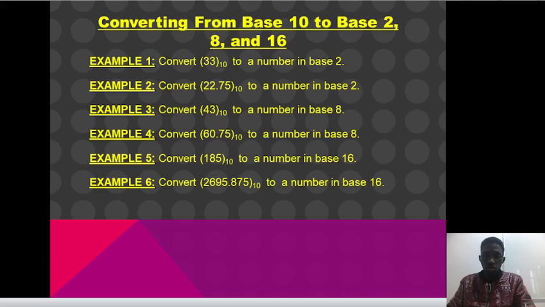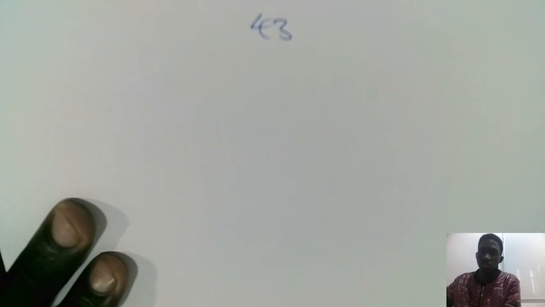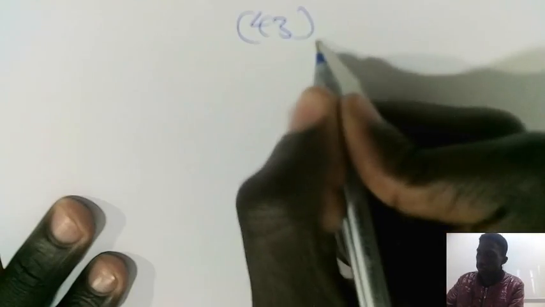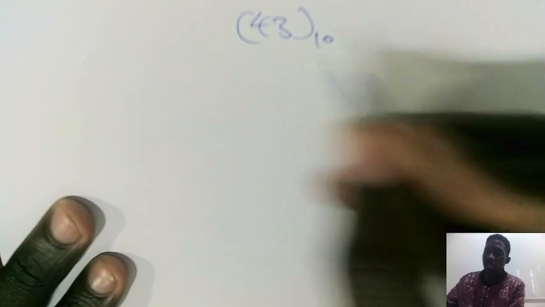Moving on to example 3, convert 43 in base 10 to a number in base 8. So we want to convert 43, right? And it's a number in base 10 to a number in base 8.